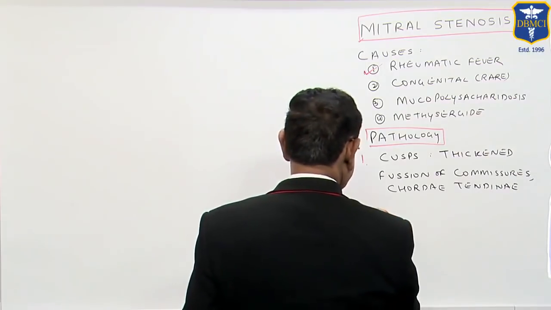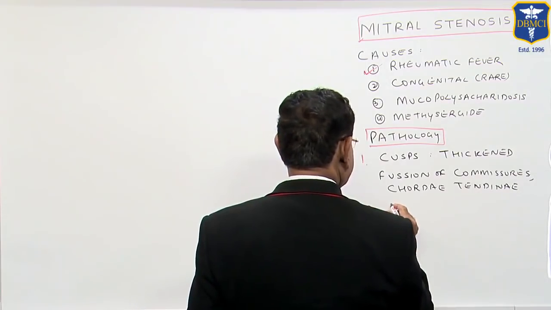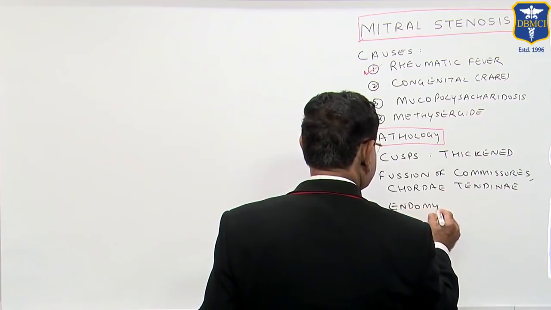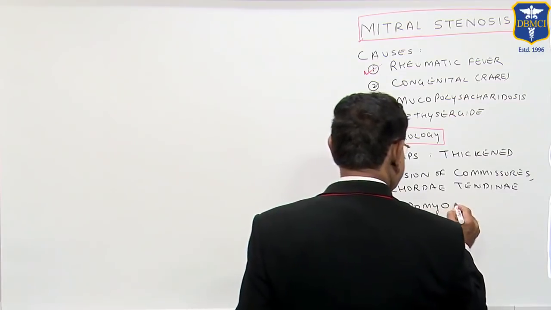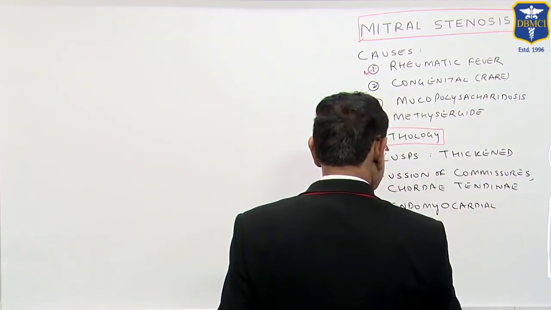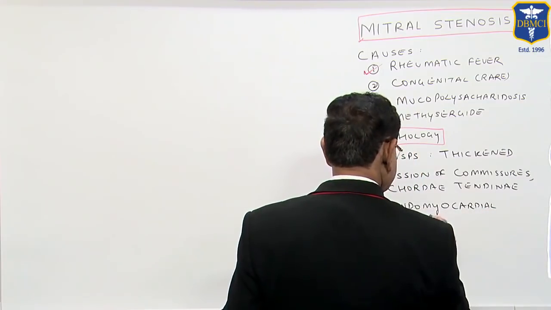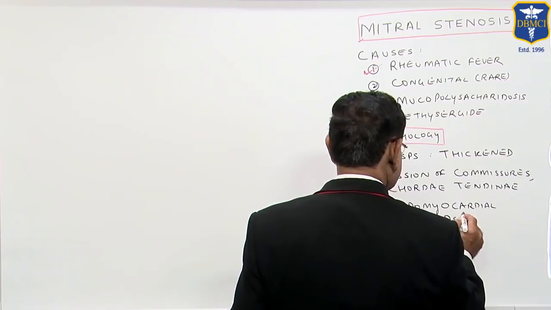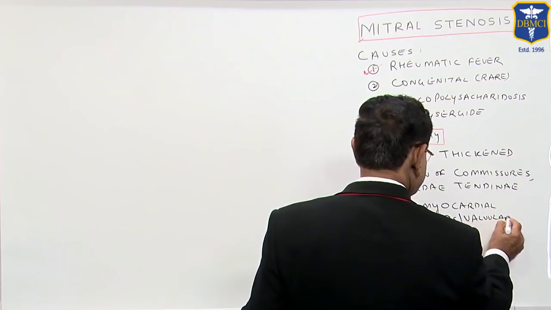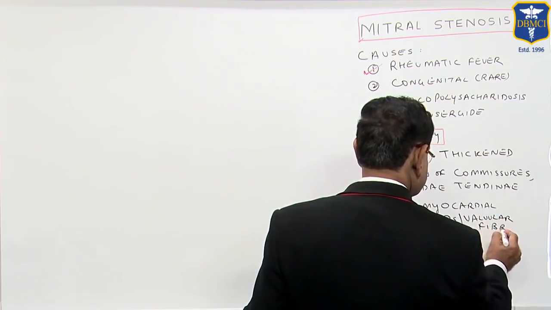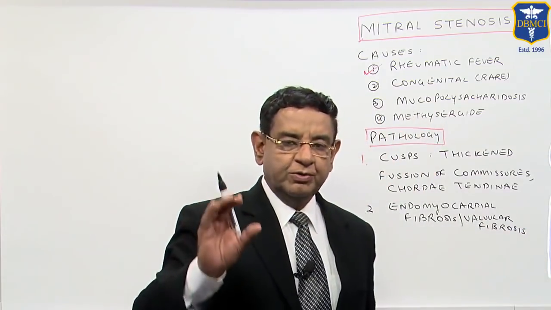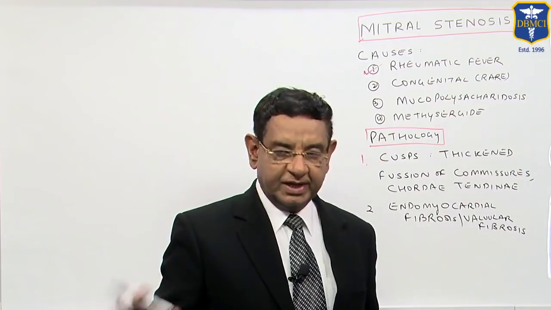Then there occurs endomyocardial fibrosis, as well as valvular fibrosis. So ultimately it all leads to reduced mitral valve area.